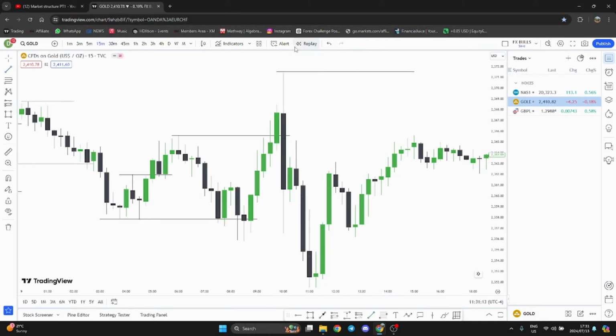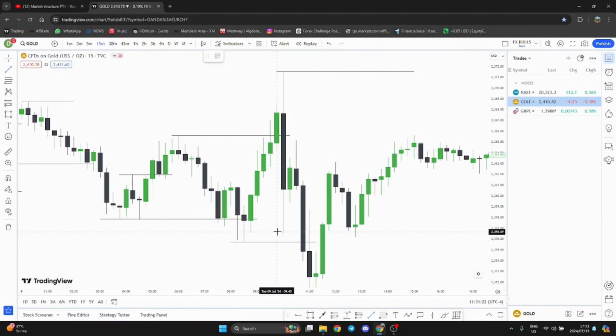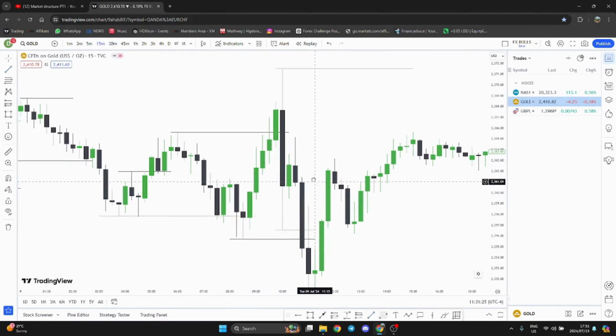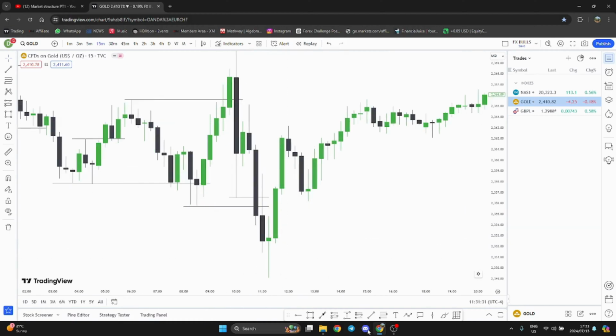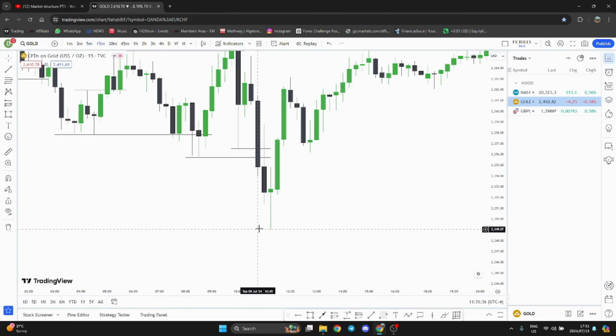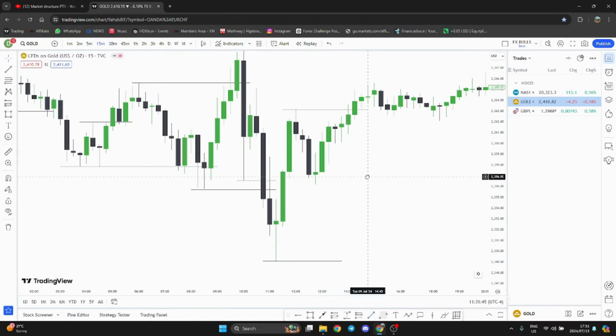And then, so after that high got put into place, we've got a low over here. And we've got an internal low over there. What does price do? Price moves down, takes out the low, and closes below this low, putting in a new low over there and a new high over there.